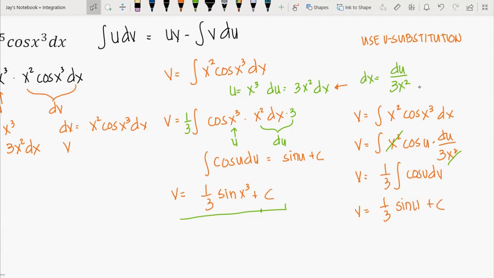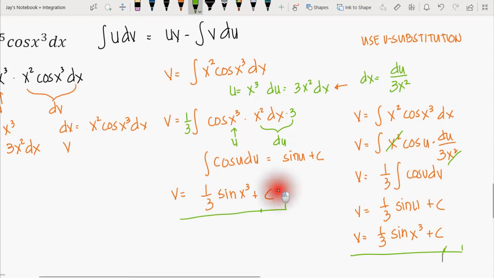Then we get back the function of x, and we know that the u here is x cubed, so v is equal to 1/3 sine of x cubed plus c. So this is the value of our v. We will be using this v in our integration by parts. Again, you can use either of the two approaches, whichever is convenient to you.